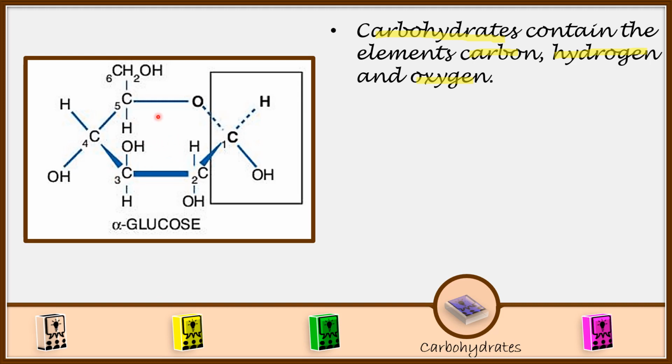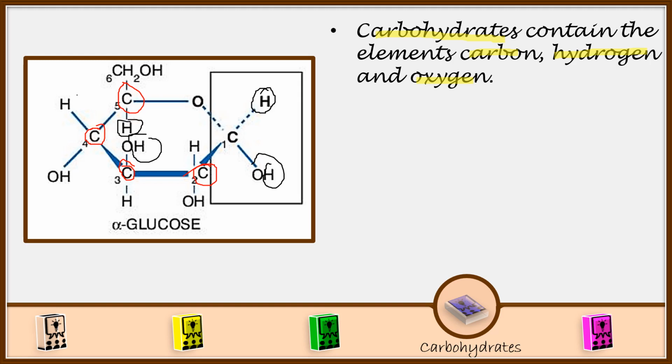When you look at our structure here, this is glucose. Glucose is a carbohydrate, and you can see that it is made up of carbon. You can see a lot of carbon elements in many places. It is made up of hydrogen. We can see hydrogen elements, very many of them.